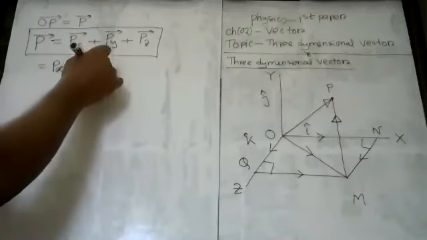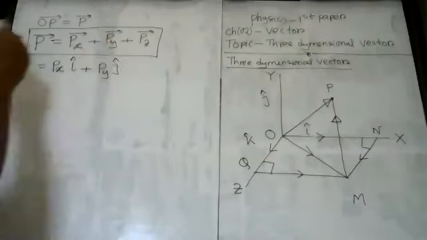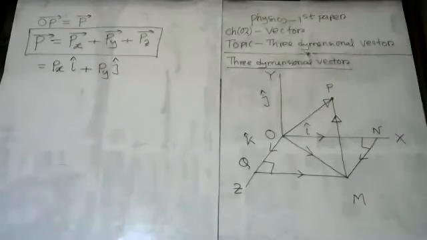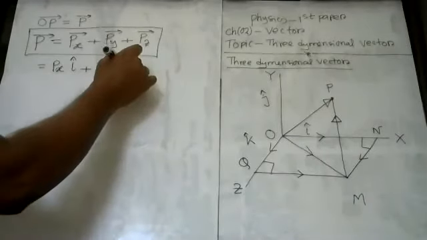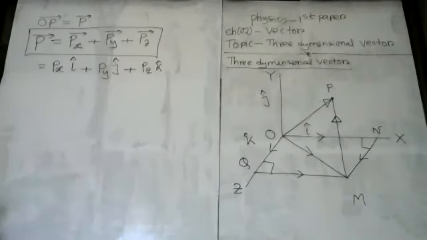Now for the y component Py, the unit vector is j hat or j cap. For the z component Pz, it is k hat or k cap. So this is the representation of a 3D vector with unit vectors, my dear student, with its components.